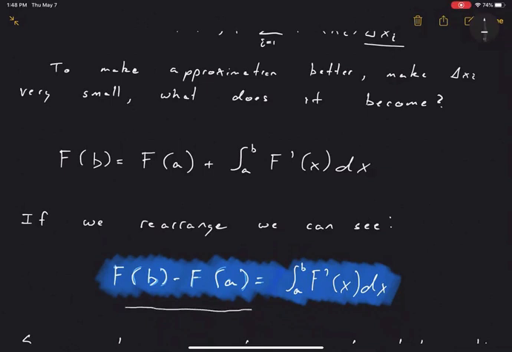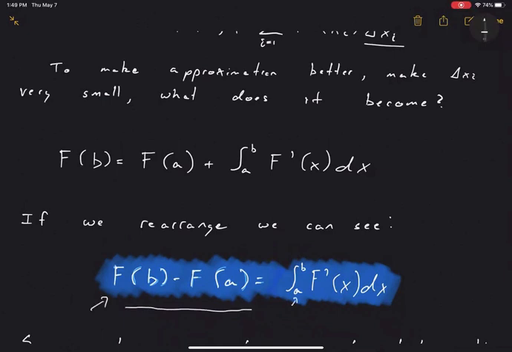In other words, this capital F of x is the antiderivative of f prime of x. Well, then I know the integral of f prime of x is just going to be f(b) minus f(a), where a and b are my bounds here.